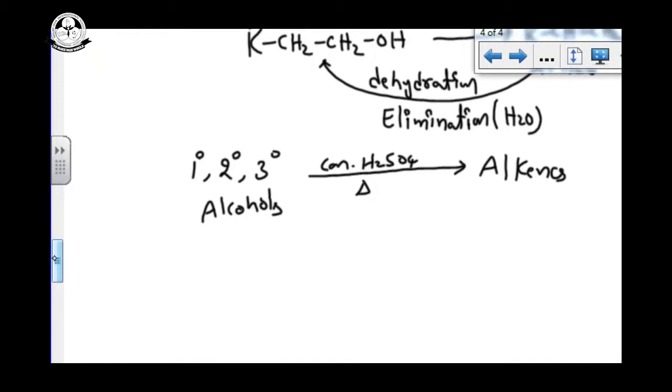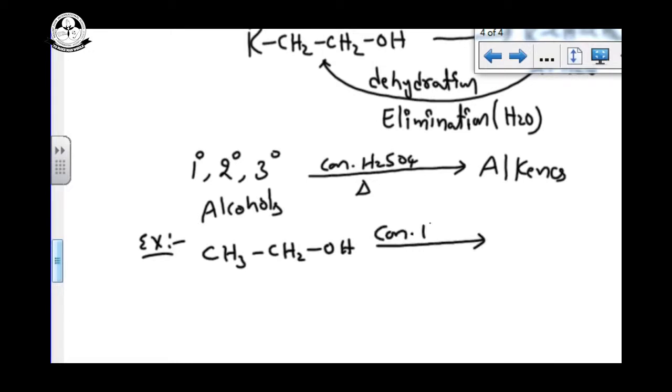See the example. First, I am taking the primary alcohol, CH3CH2OH. Minimum 2 carbons we require for the alkene. Using concentrated sulfuric acid at 170 degrees Celsius, elimination, dehydration, removal of water, we get the alkene, that is ethene.